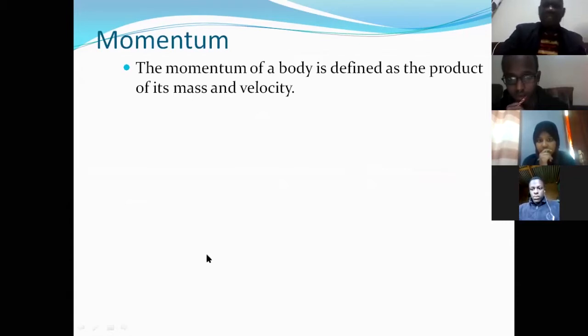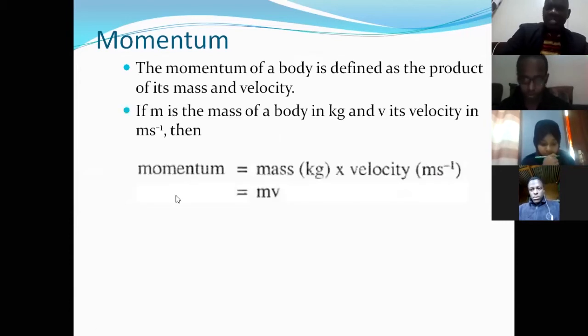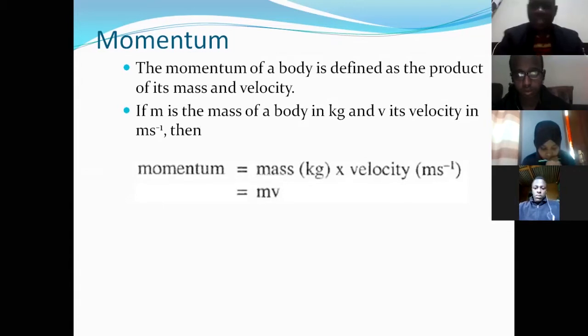Now, when we started talking about momentum, we were able to define momentum, and we looked at three factors that affect momentum. Momentum we defined as a product of mass and velocity. And then we mentioned factors that affect momentum. I want one of you to just mention the three factors at once.